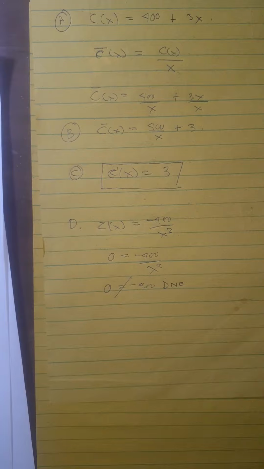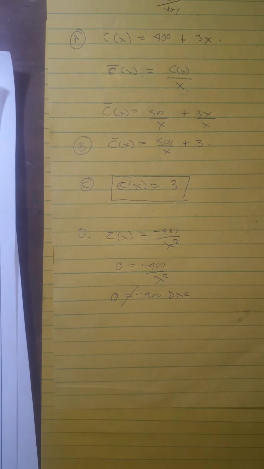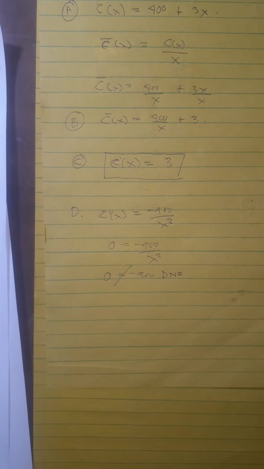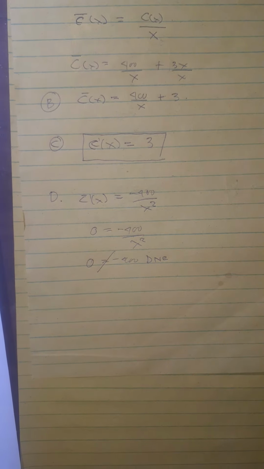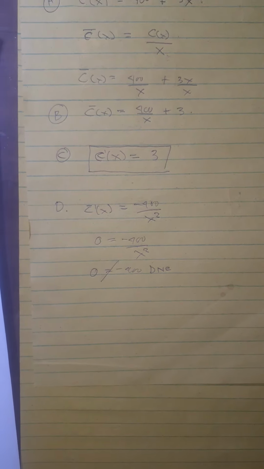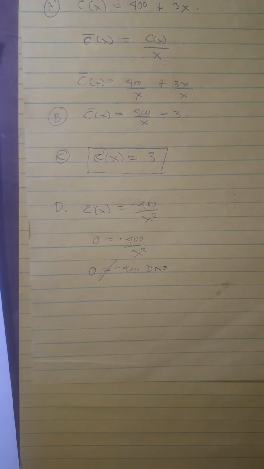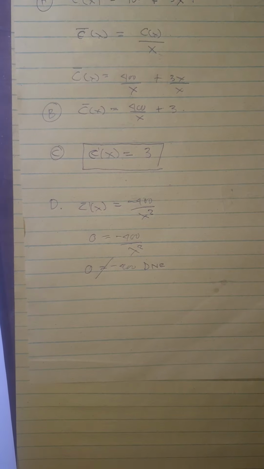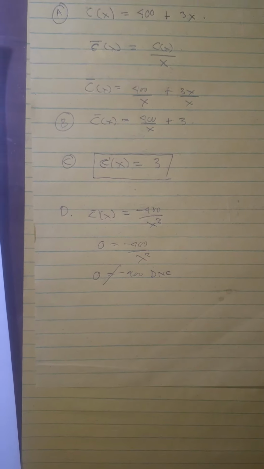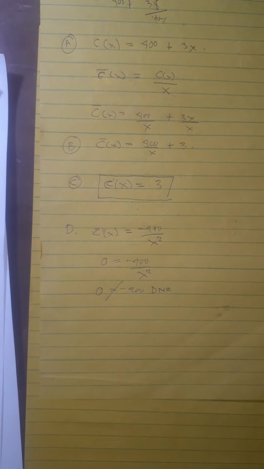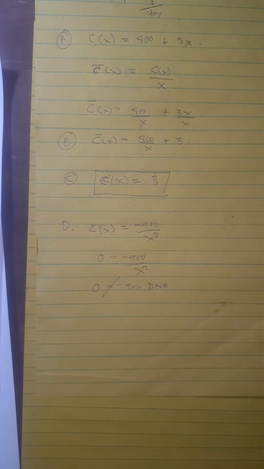So it means the minimum average cost per unit does not exist. By the cost function itself, 400 plus 3x, it goes through all positive numbers, toward infinity. If you put 0, the minimum is 400, which is the company's fixed cost plus $3 for each toy.